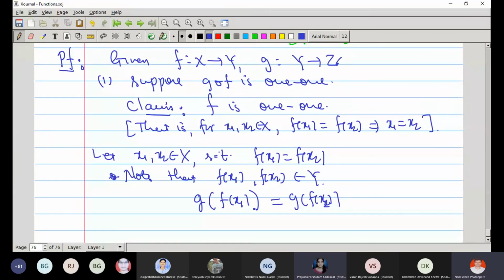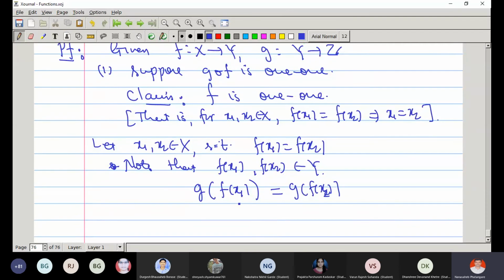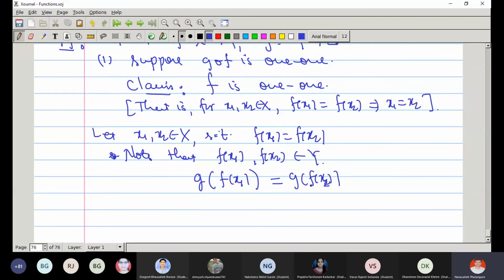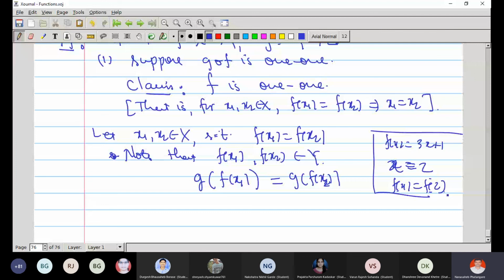Yes, because they are same numbers. For example, if I define f(x) = 3x + 1, and x is equal to 2, then f(x) is equal to f(2). That means f(x1) is equal to f(x2), so g of f(x1) is equal to g of f(x2), because the elements are same. Then if I apply g, the action is also same. Correct?